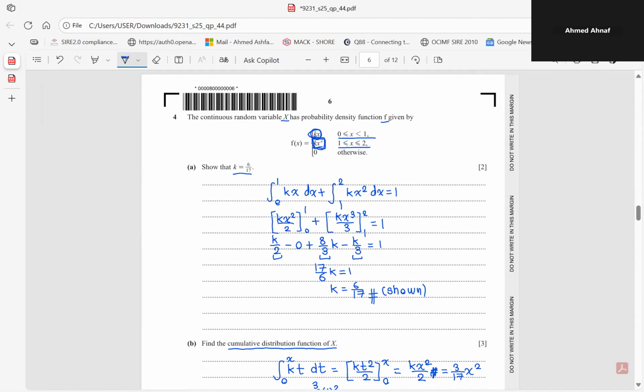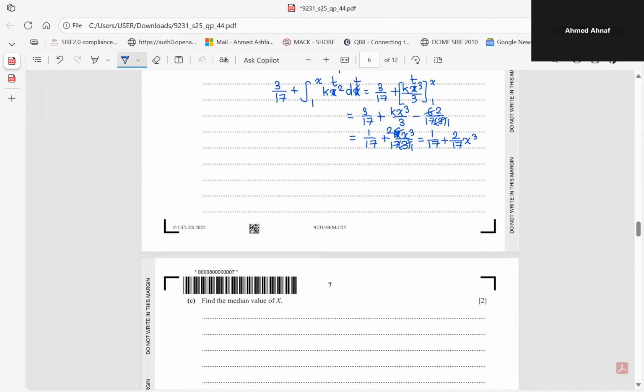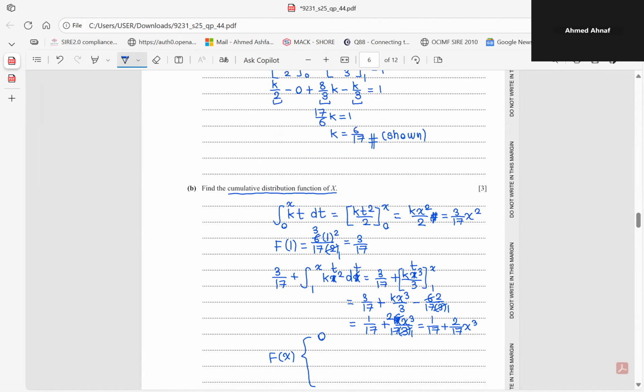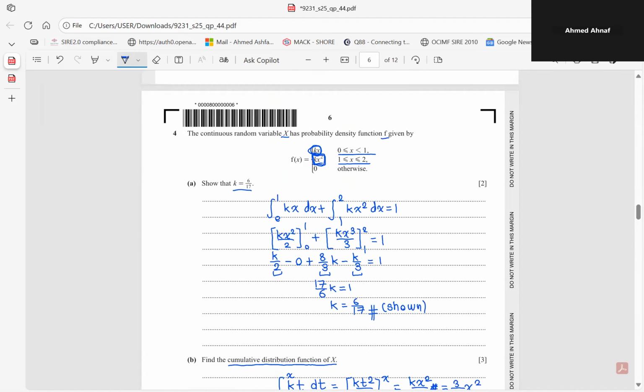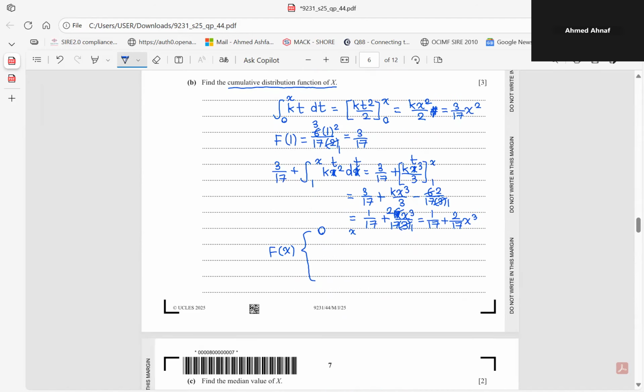Okay, and now we can write down the cumulative distribution function. So we define it as big F of x. To start, you should always write down a 0 first. So big F of x is 0 when x is outside of this range, so x less than 0. And then the next one is 3 over 17 x squared.